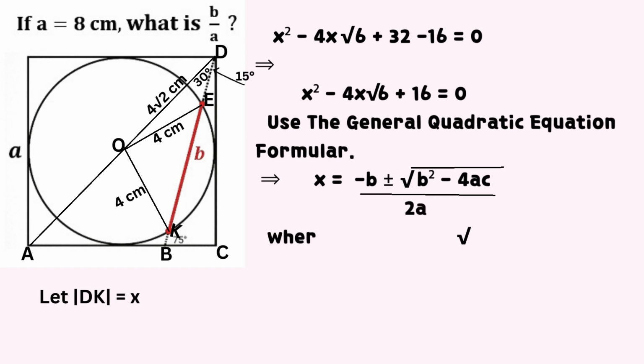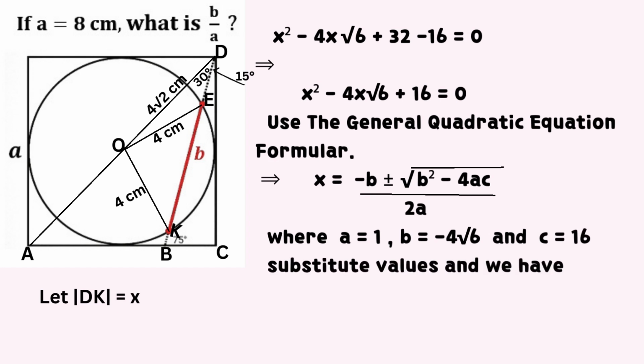Simplify further to obtain a new equation as shown on the screen. Use the general quadratic equation formula as shown, where A equals 1, B equals negative 4 times the square root of 6 and C equals 16.